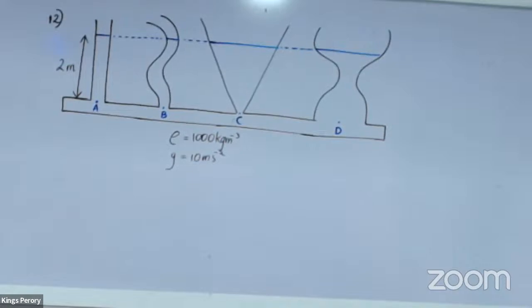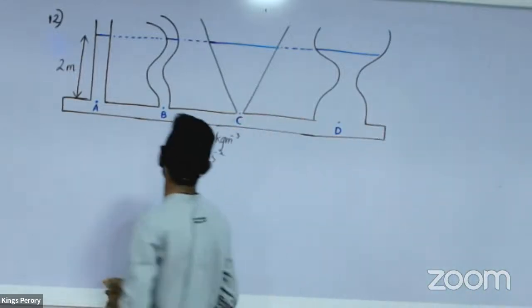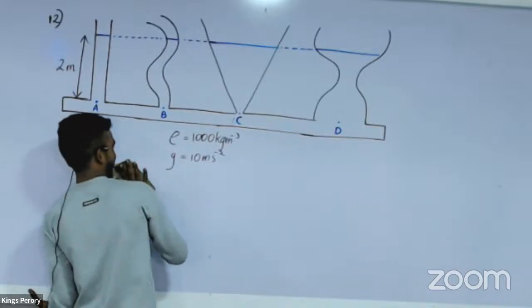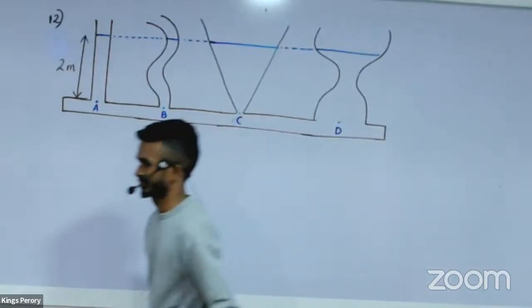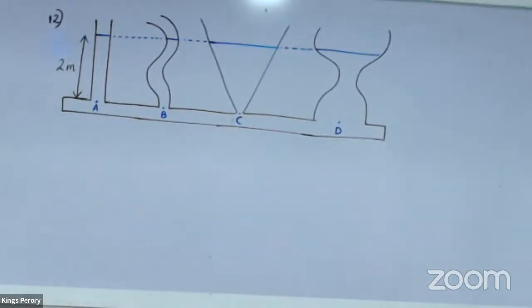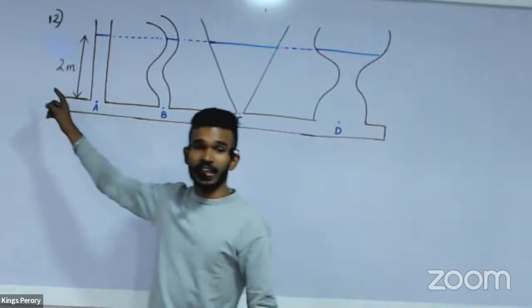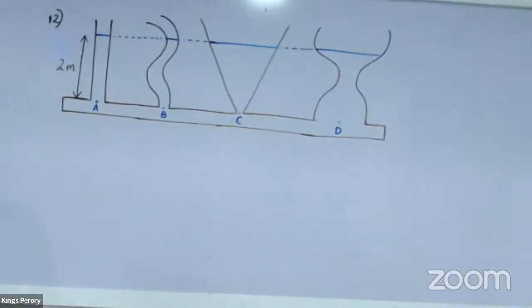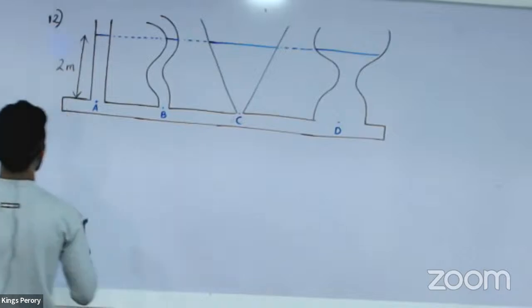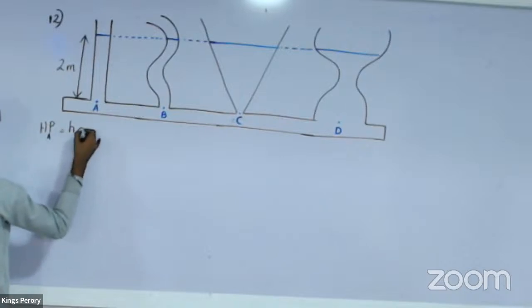Finish. Right, density 1000, g 10. What's the hydrostatic pressure at A? First, h rho g.